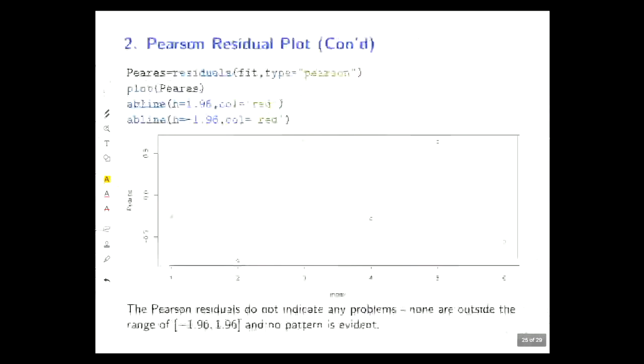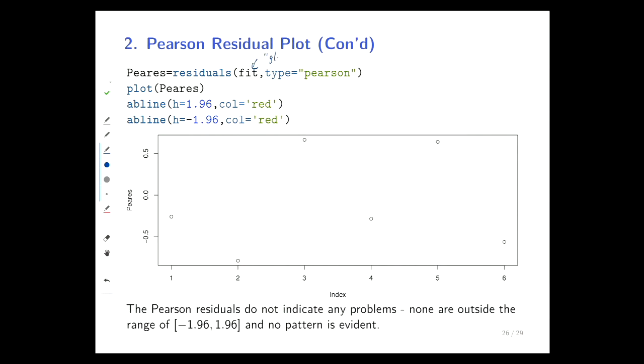Let's look at how to obtain the Pearson residual using R. I think it's not hard. What you need to do is use the glm function output and input type equals to Pearson. In that case, you are going to have the Pearson residuals.